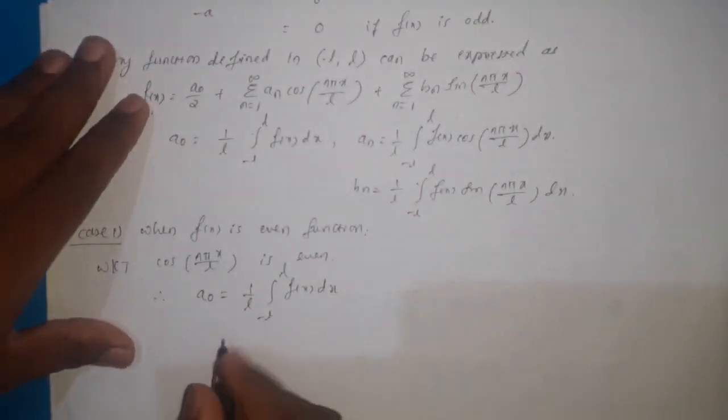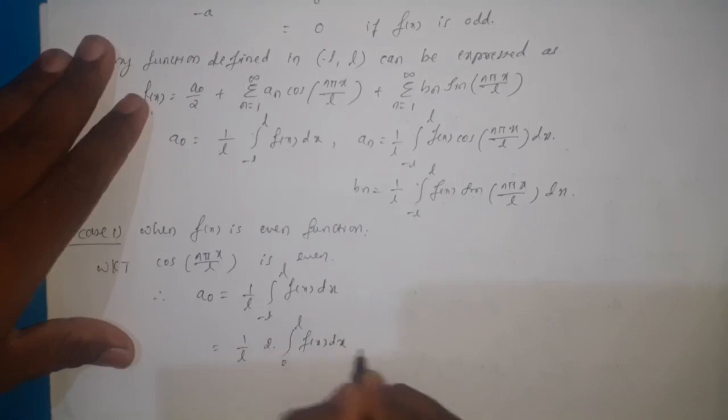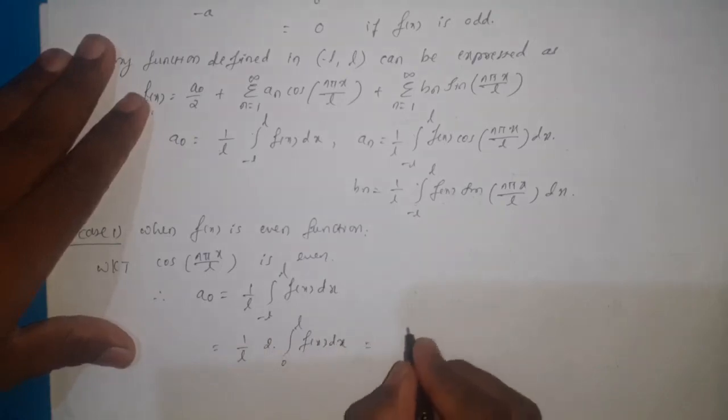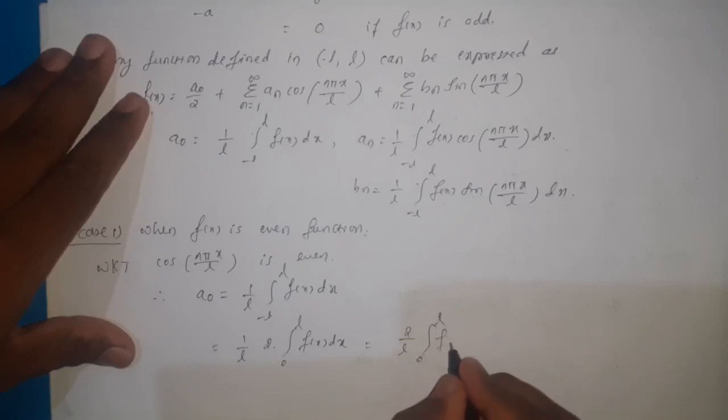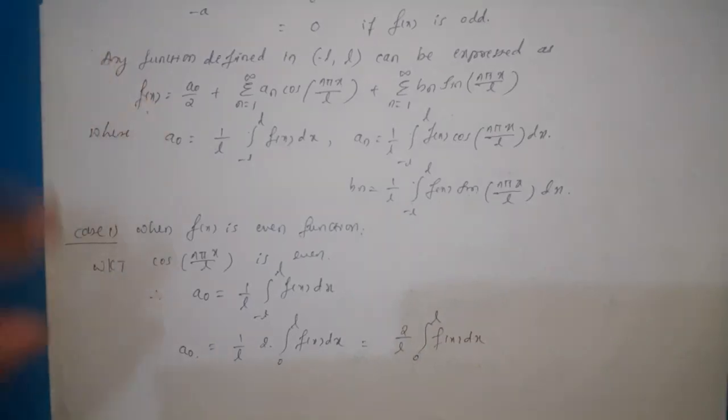So this is 1 by L, and this is equal to 2 times integral 0 to L of f of x dx, which can be written as 2 by L integral 0 to L of f of x dx, that is a naught. Means the formula is changed, minus L to L changed to 2 times 0 to L, that is the only change in the value of a naught.